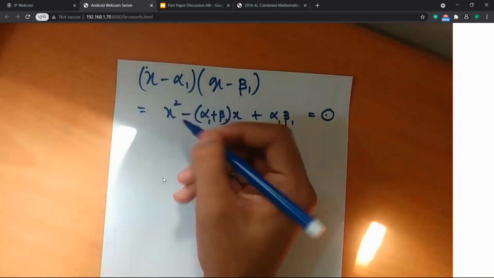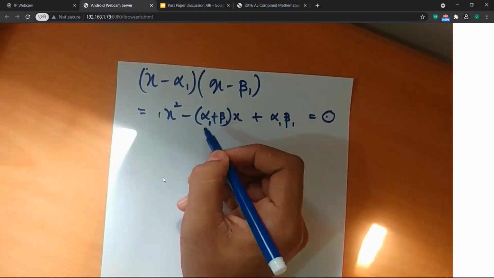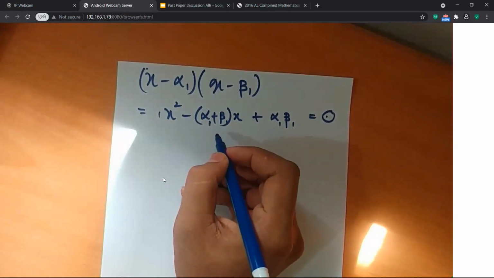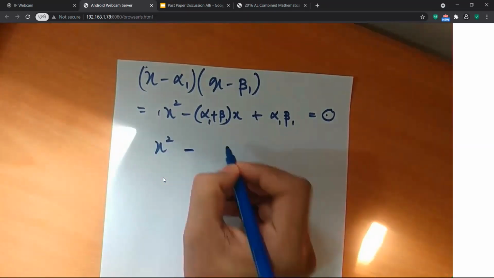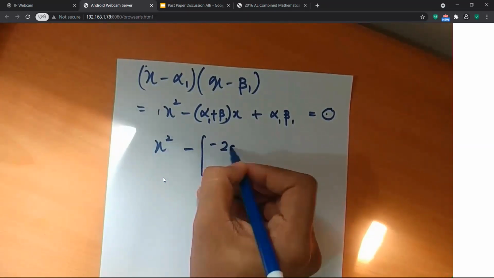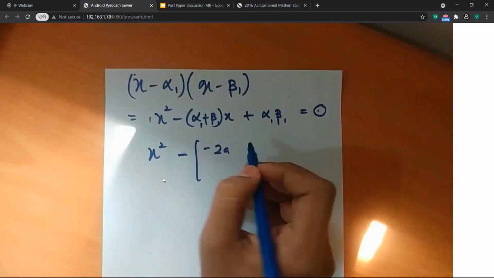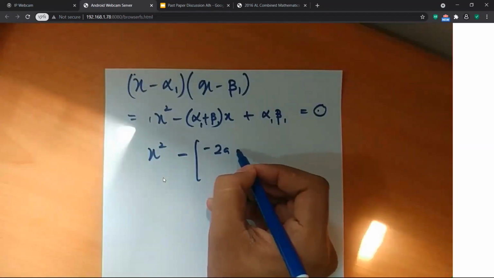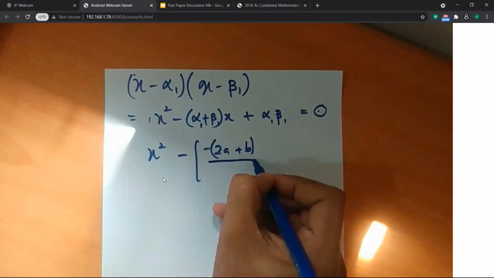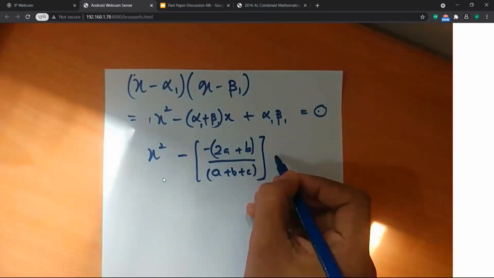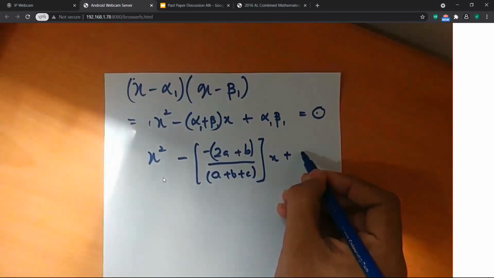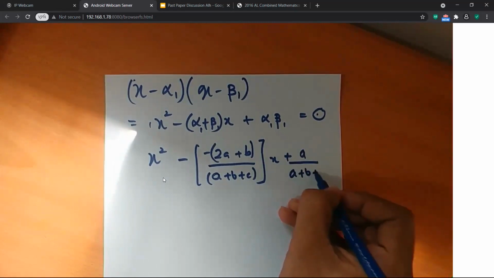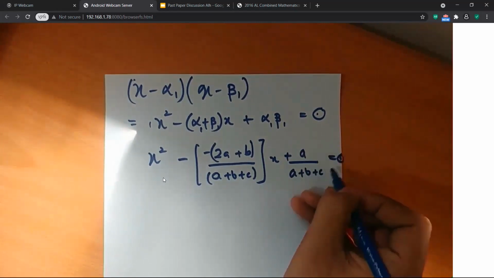Now we know alpha 1 plus beta 1, which we just found out, was minus 2a plus b over a plus b plus c, times x, plus alpha 1 beta 1, a over a plus b plus c, is equal to 0. Right?